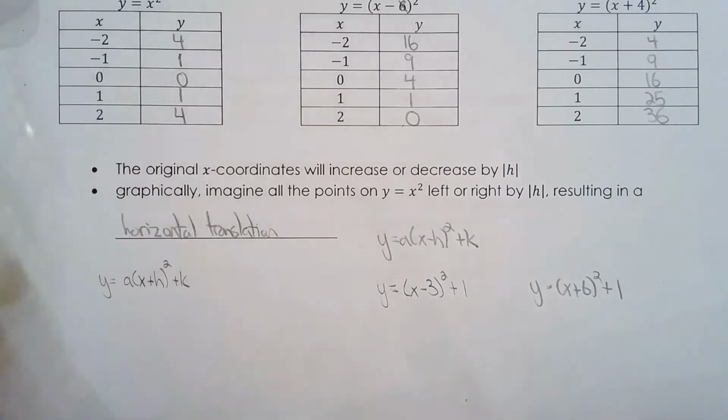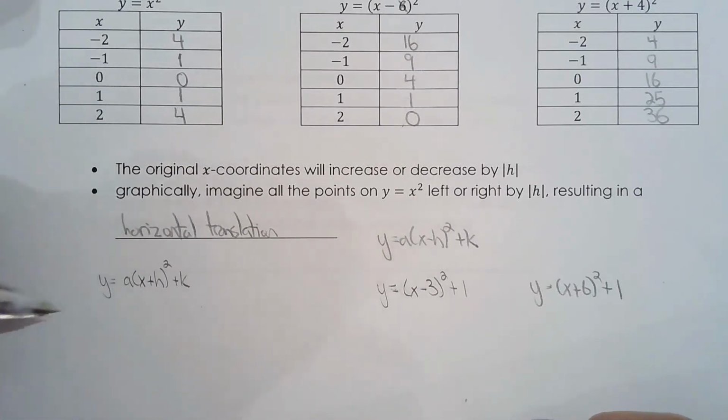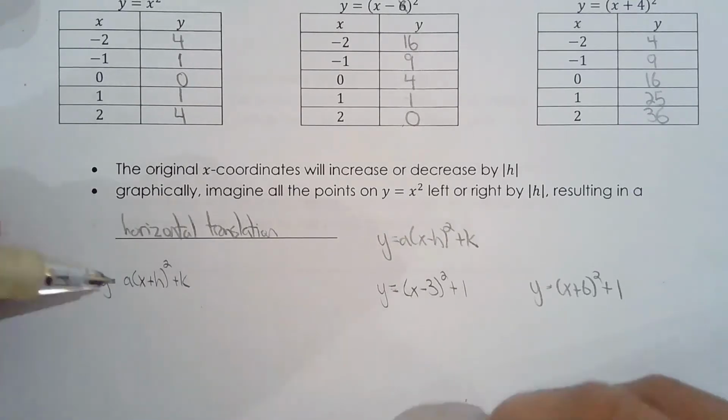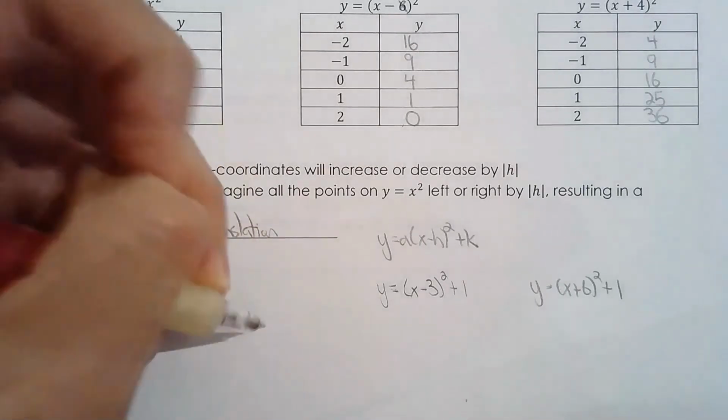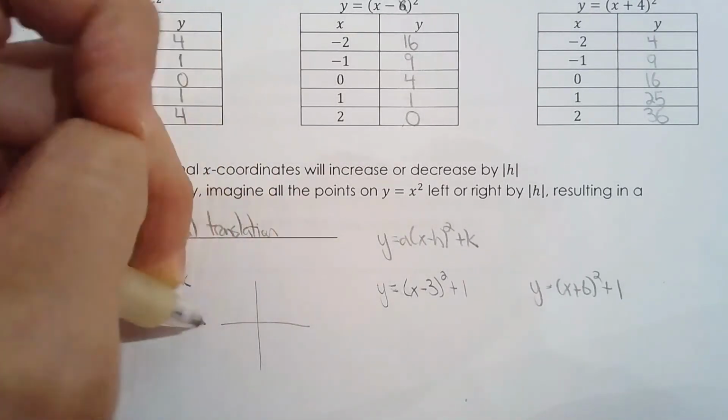If you love the vertex form as x plus h all squared, go ahead. But you have to understand that a positive h means you're shifting to the left, and a negative h means you're shifting to the right. That's very counterintuitive because on our Cartesian plane, positive means right and negative means left.